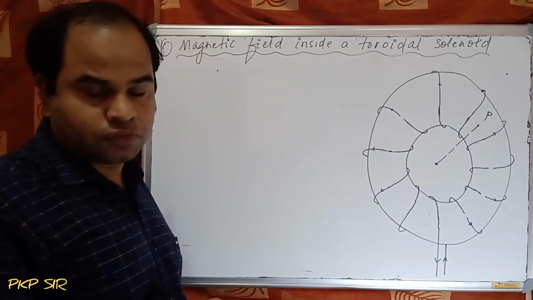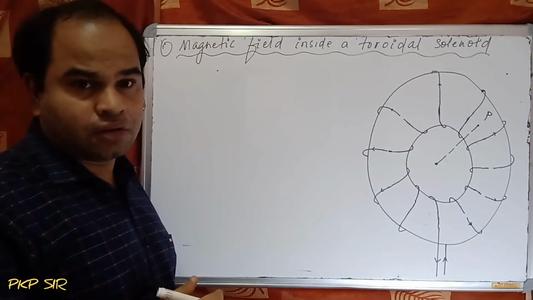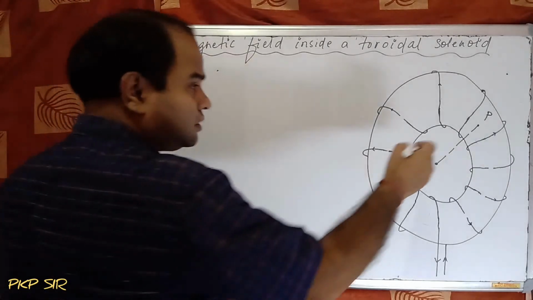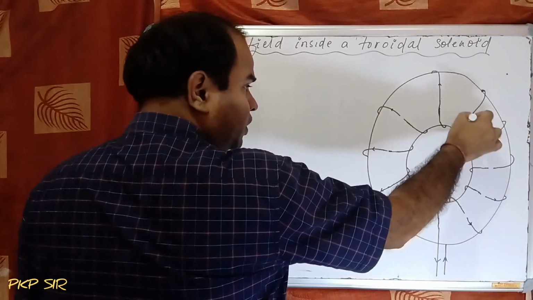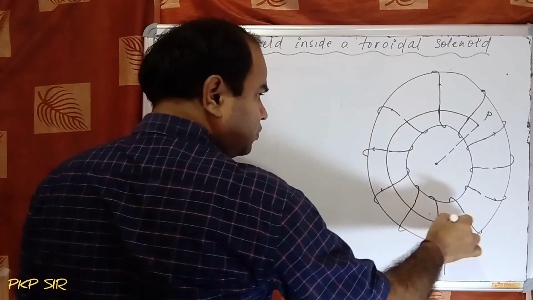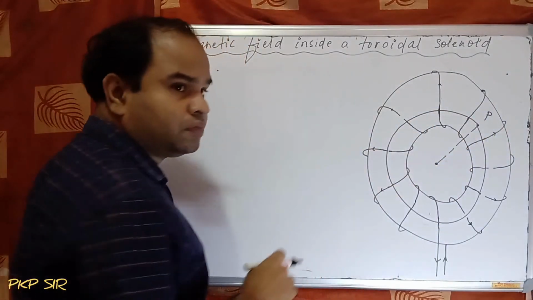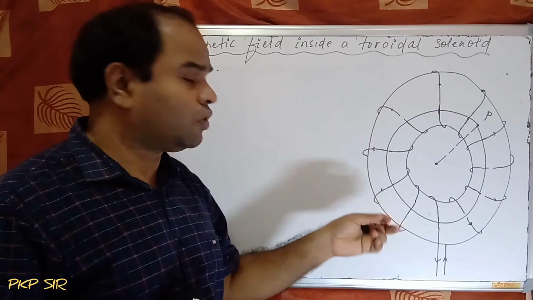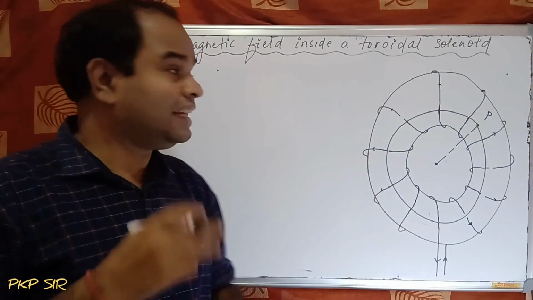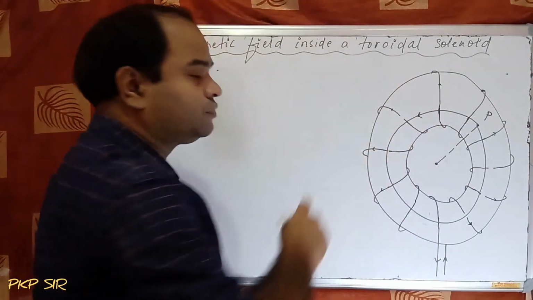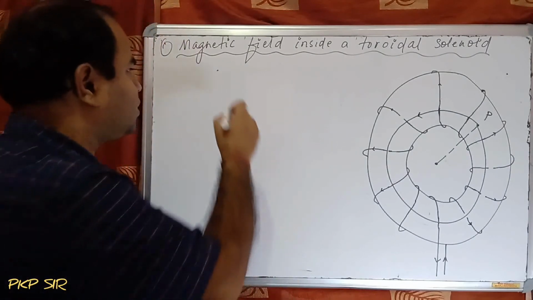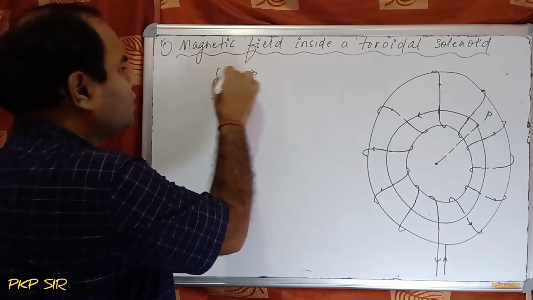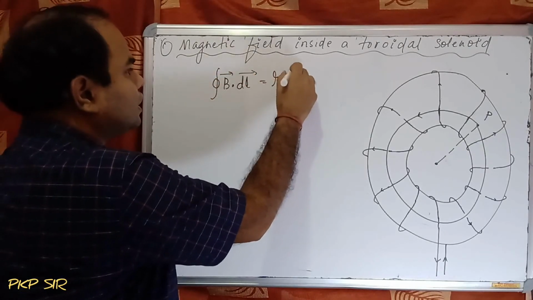To use Ampere's circuital law, let us draw a circle at point P in the form of an Ampere's loop, in the anti-clockwise direction. After that we will use Ampere's circuital law, that is, B dot dl is equal to mu naught I net.